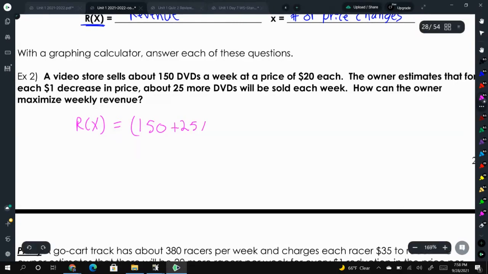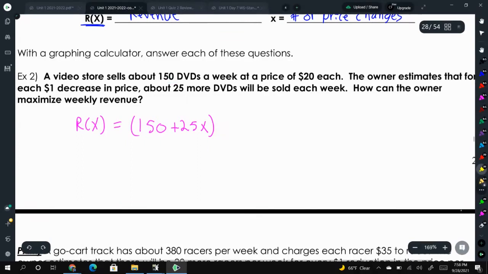So we're going to say plus 25x. If you think about it non-math related, just logically, if the price goes down by $2, we should sell 50 more DVDs because every $1 means 25 more DVDs. So if the price goes down by $2, we should sell 200 DVDs total because we start with 150.